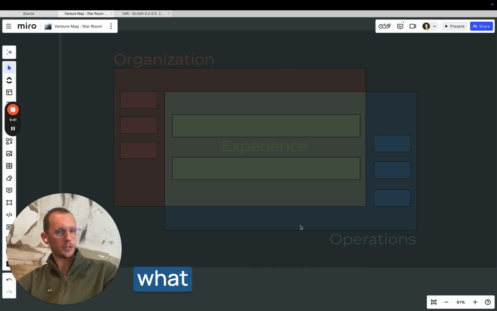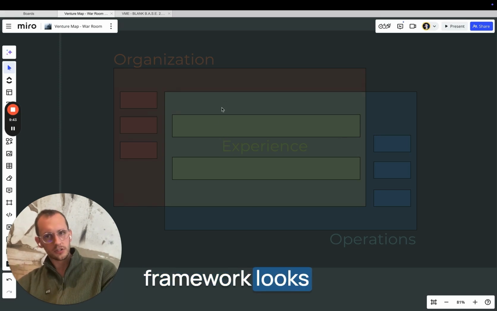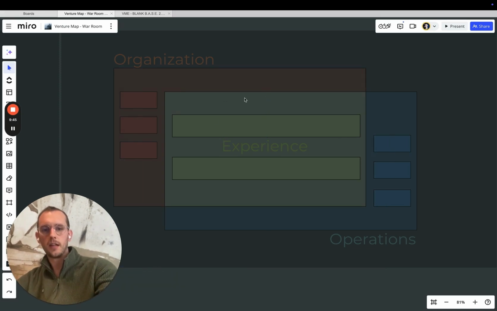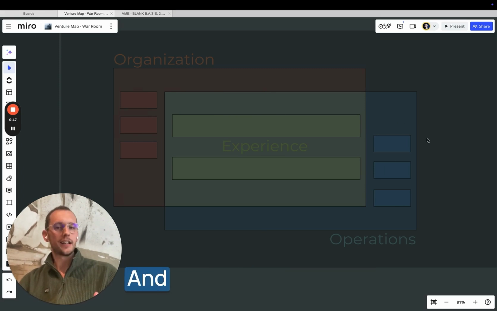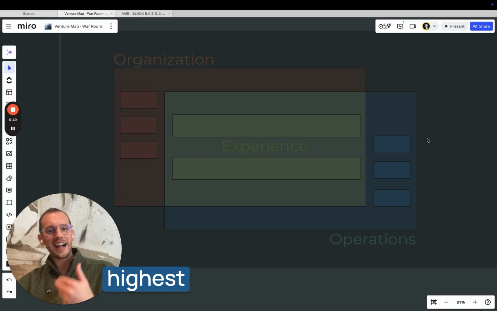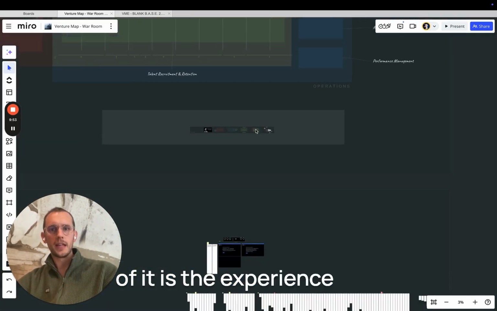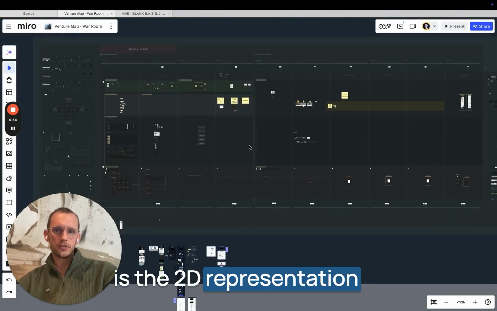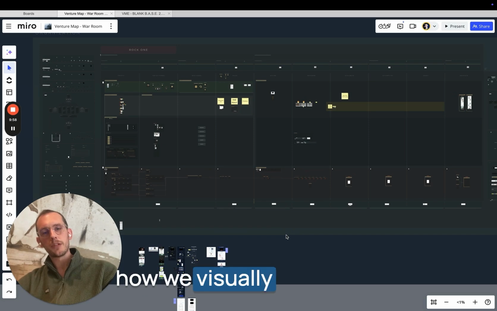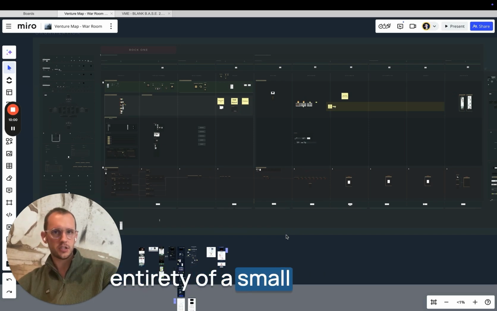But this is effectively what the VentureMap framework looks like. We have our organization, we have our operations, and the heaviest hitting, highest leverage piece of all of it is the experience.